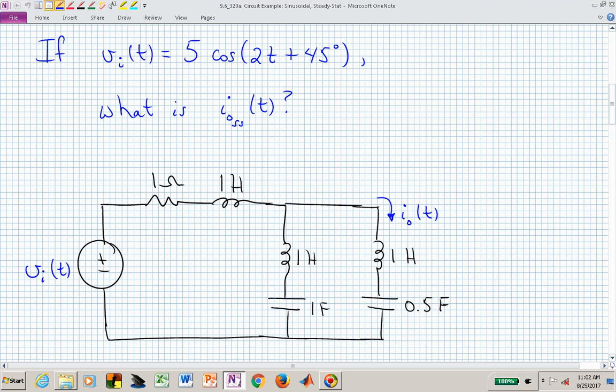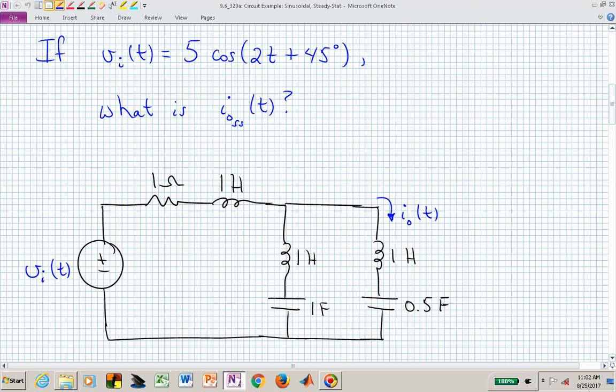Generically, we would expect this circuit to be fifth order. We may have some cancellations because of the special way that we've combined these rightmost branches and their exact values: 1 Henry inductors, 1 farad and a half farad capacitors, and a 1 ohm resistor.